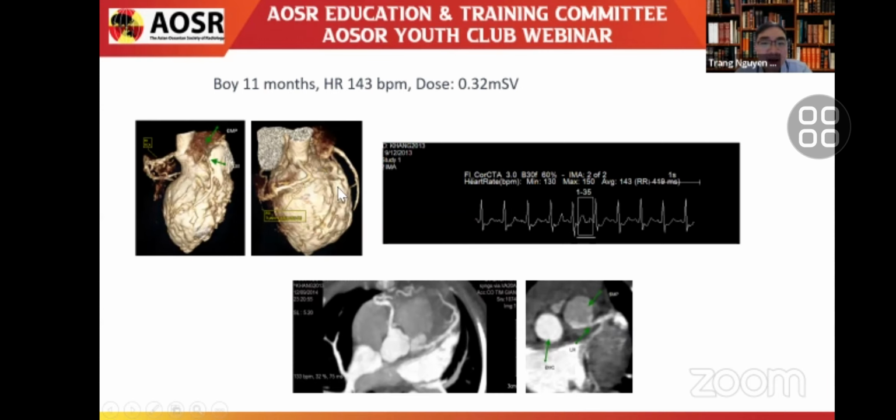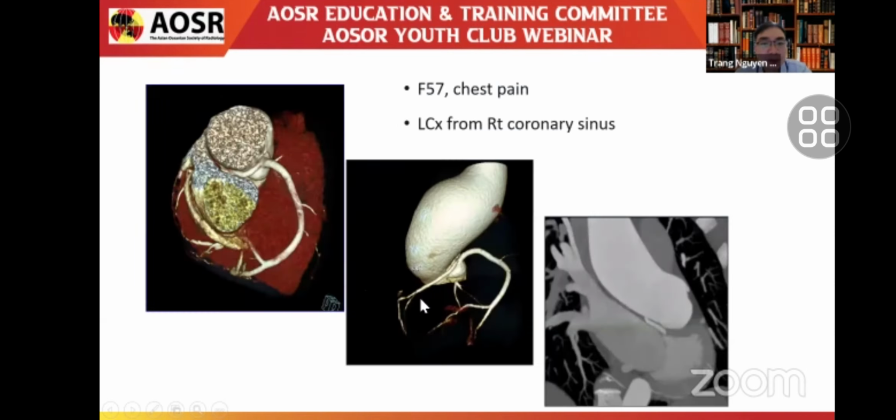And another thing is the abnormal origin of the left coronary artery from the pulmonary artery, and that can cause ischemia due to the reversal of the artery flow.